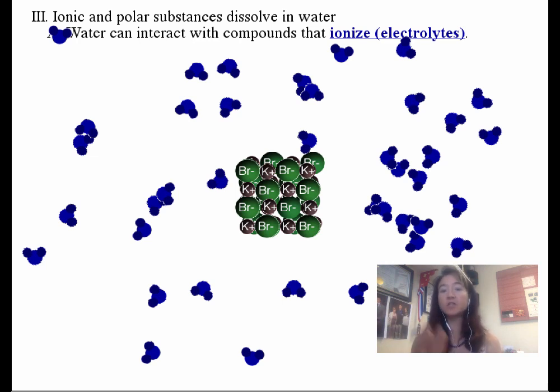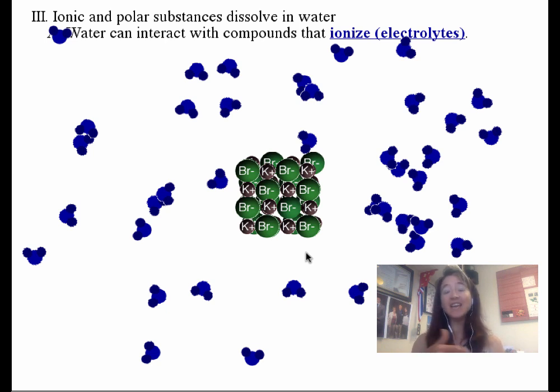But of course, if there are salts present within a solution, water will also interact with those and engage in ion-dipole interactions. In this case, we're showing the salt potassium bromide. And of course, potassium bromide has a positively charged cation, a negatively charged anion, and water is attracted to both.